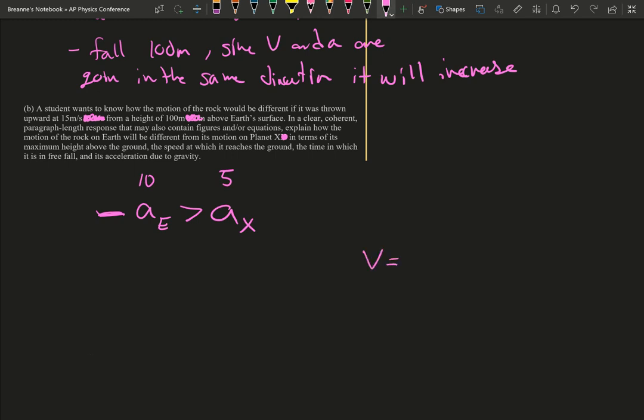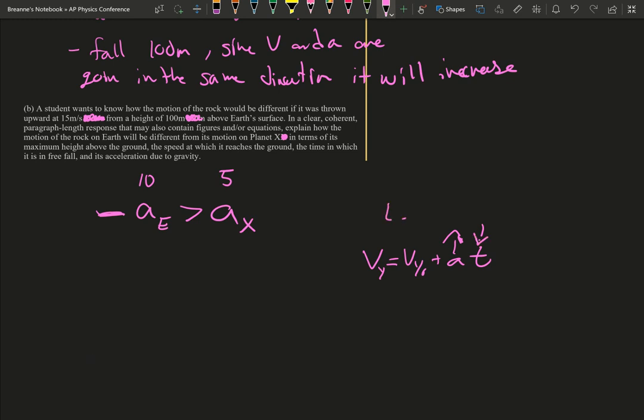So let's look at this one: v equals v naught plus a t. So this is the same. This has increased. So if this is increased, and I'm wanting this to stay relative, your time would have to decrease.